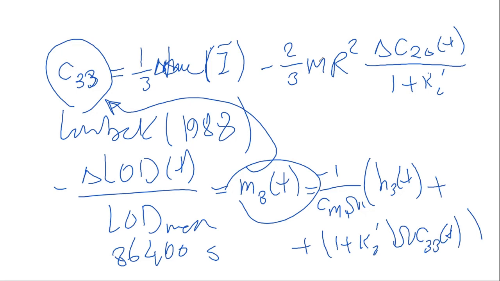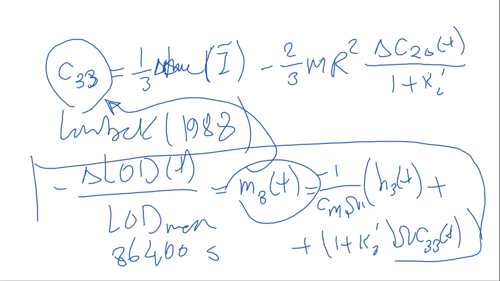Oh, that's interesting. Length of day is related to this M3, and omega is the Earth's rotation rate, and Cm is the third principal inertia of the Earth's mantle.